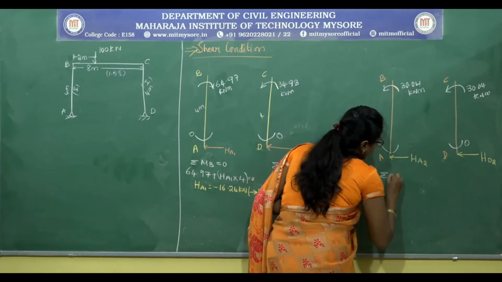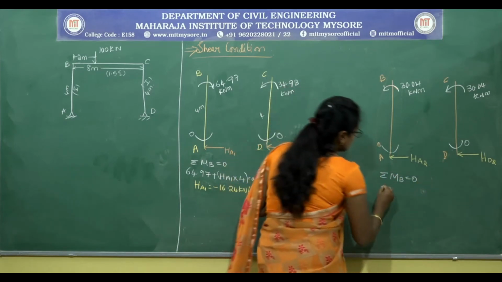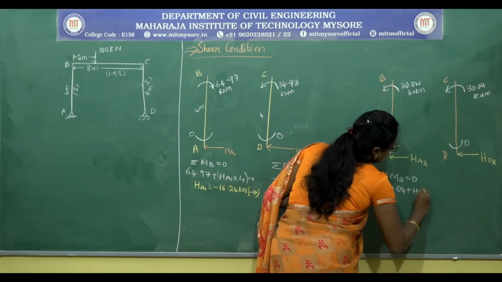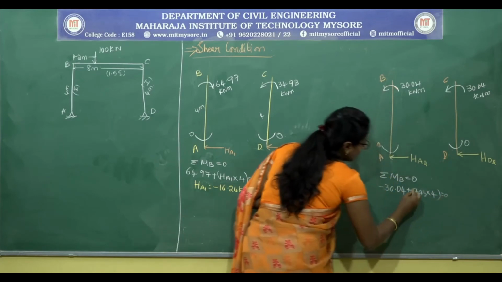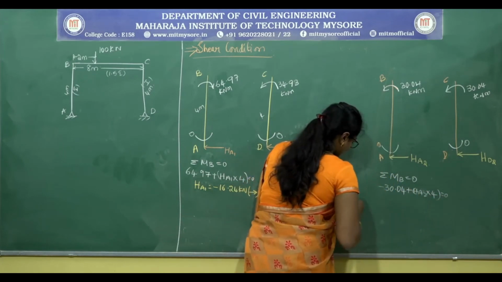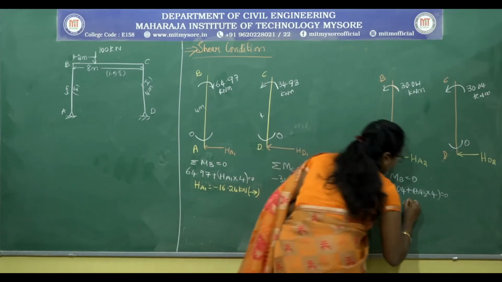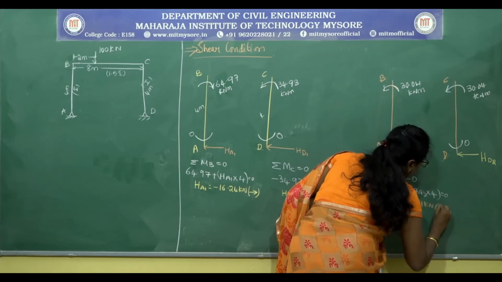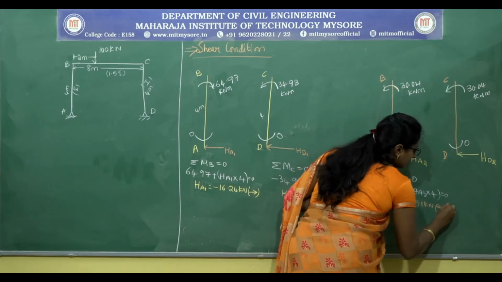Now sum of all the moments at B equal to 0, that is minus 30.04 plus HA2 into 4 is equal to 0. So HA2 equal to 7.51 kilonewton acting in the direction.